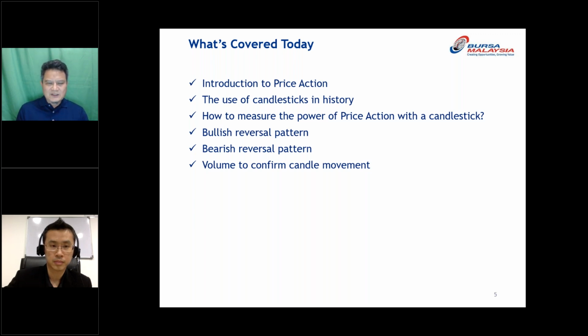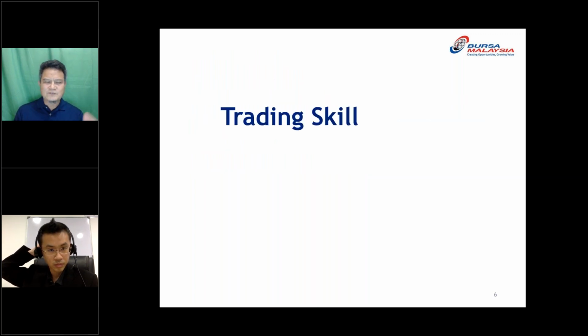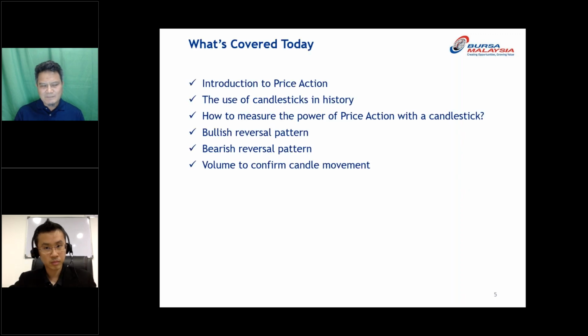Candlestick is very useful because it tells you a lot of things about the market that no other indicator will tell you. It is very easy to learn and not complicated. There is nothing to calculate whatsoever. They only use the price action or the price movement, which means open, high, low, and close.